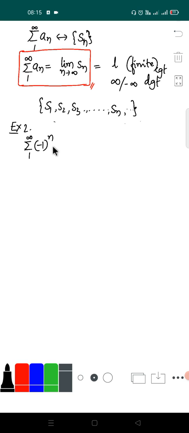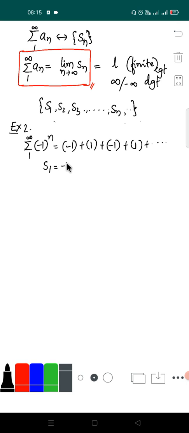We observe this is the sequence where, if n is 1, that is minus 1, if n is 2, that is positive 1, if n is 3, that is negative 1. So it will continue like this.